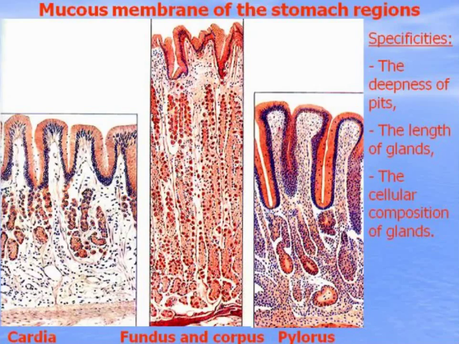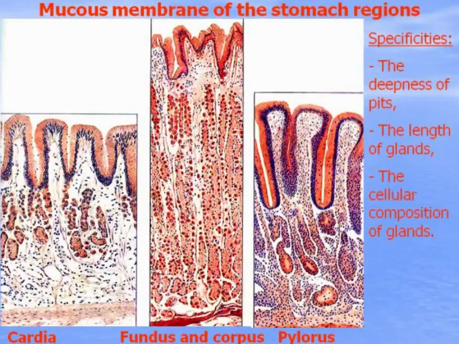This is the fundus and corpus mucosa with these proper glands, and the cardiac part, with deeper gastric pits and shorter gastric cardiac glands. These contain mostly mucous secreting cells and endocrine cells, and few parietal cells, no chief cells.